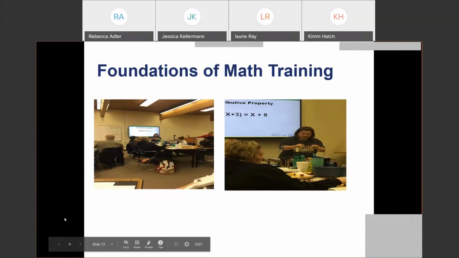They truly stress how to move from concrete to representational and only then getting into math in an abstract form. Typically, we don't do that, especially new teachers or people who maybe math is not their first love, you jump into X plus 8 and you totally skip the concrete and the representational to help your students understand the true math.